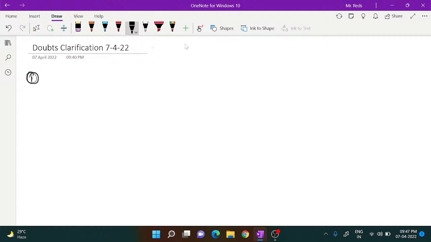The first case is if two magnetic poles each of strength m are placed at the two corners of an equilateral triangle. Let us write the conditions also.